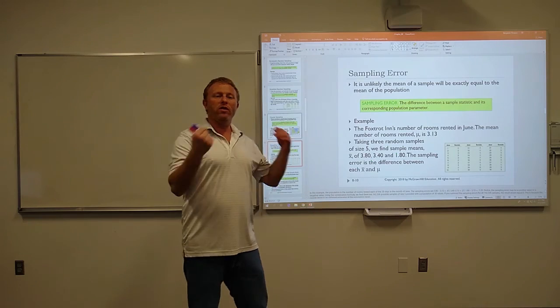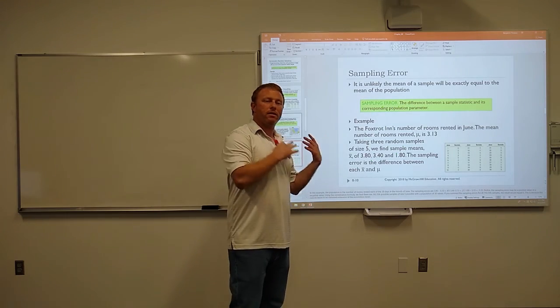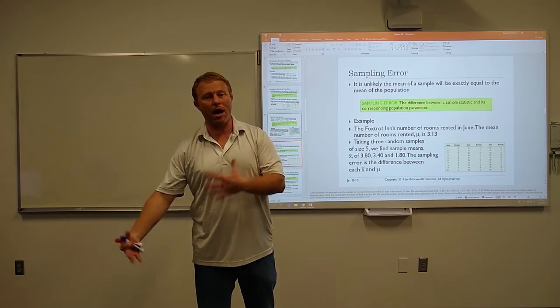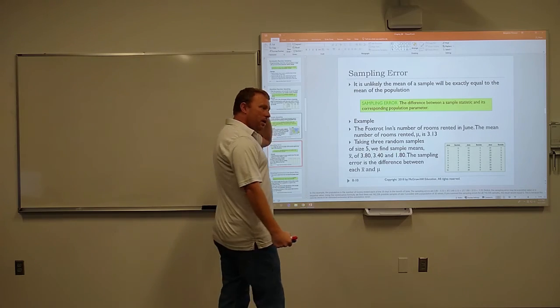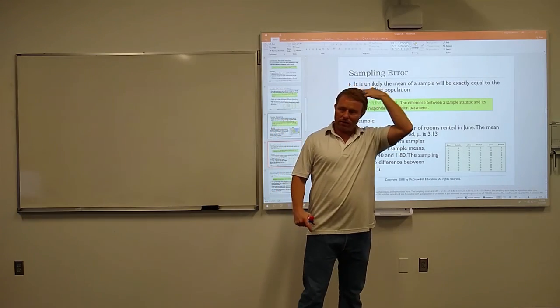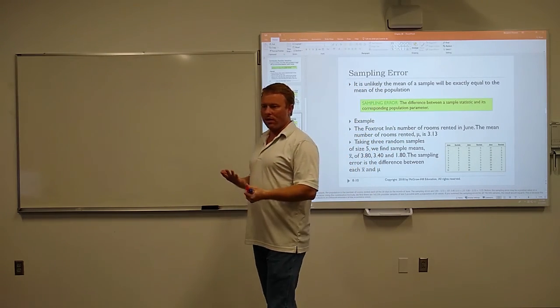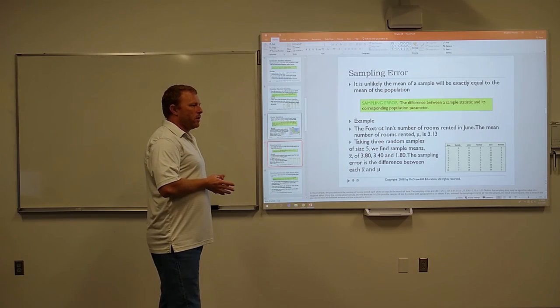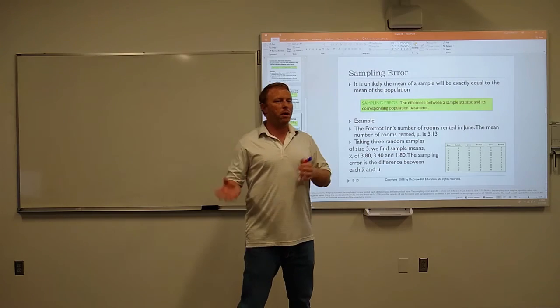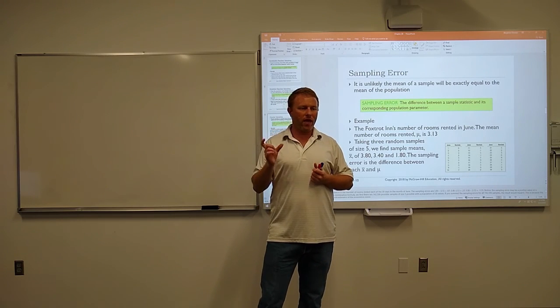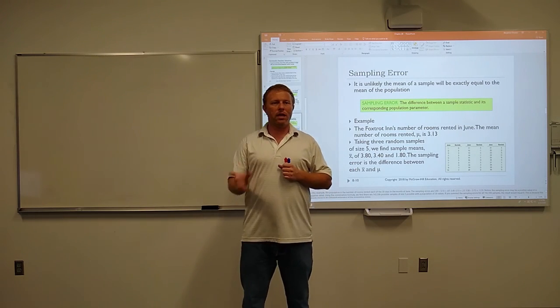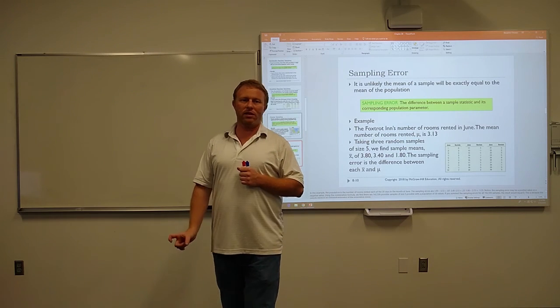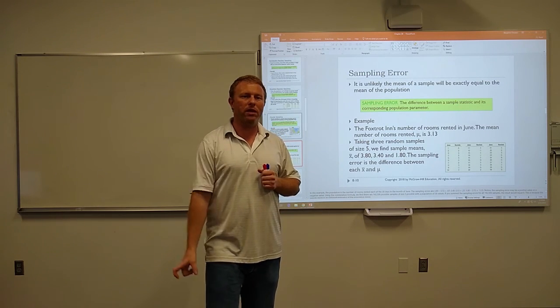The only reason we're pulling the sample is so that we can find out something about the underlying population. Okay? So that error, what we're talking about, is the difference in what we find from our sample in regard to the population. So it's literally that difference between the statistic of the sample and the corresponding population.